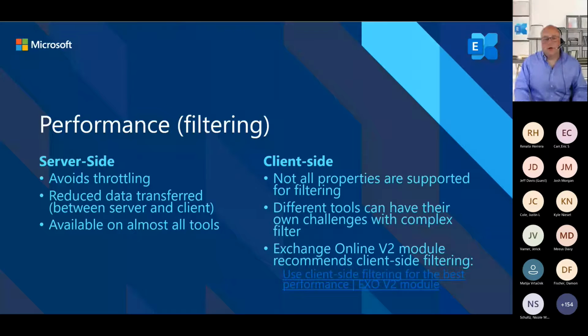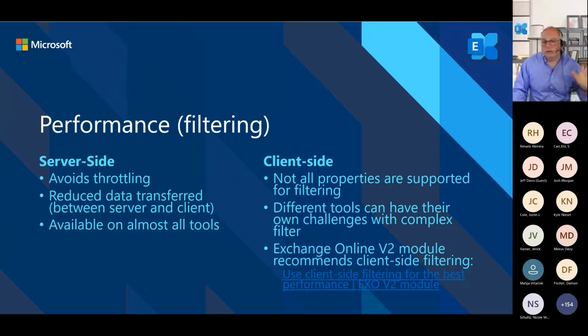When it comes to performance, one of the things we can do daily is, again, server-side filtering. Let's distinguish between server-side filtering and client-side filtering. With server-side filtering, you send a request and already state in the request, hey, I want to have only, for instance, shared mailboxes, or only users with a certain location or profile assigned.